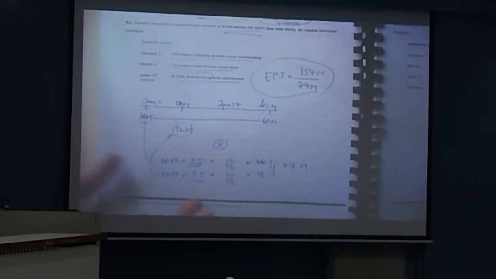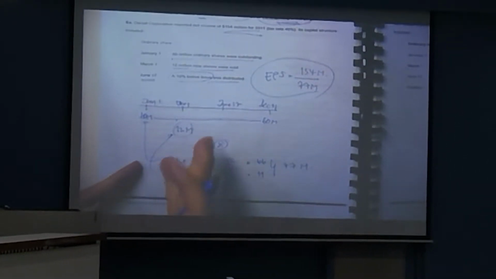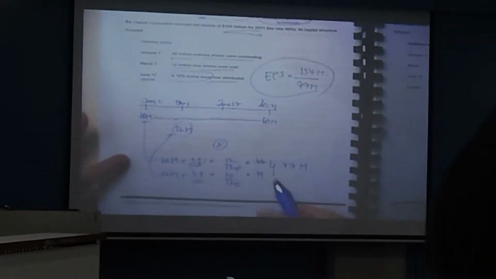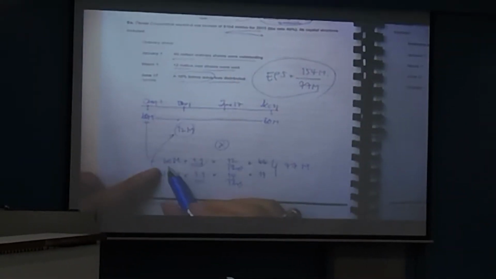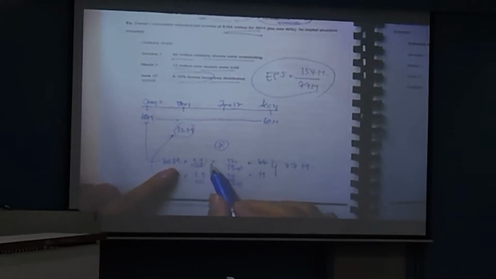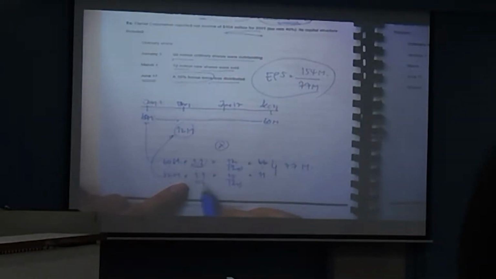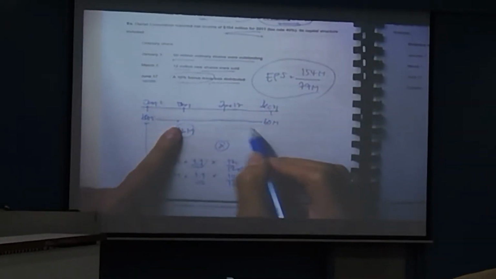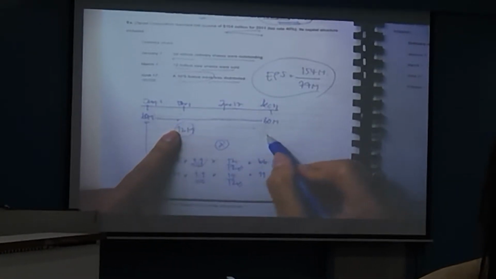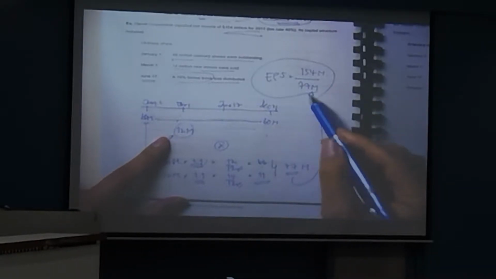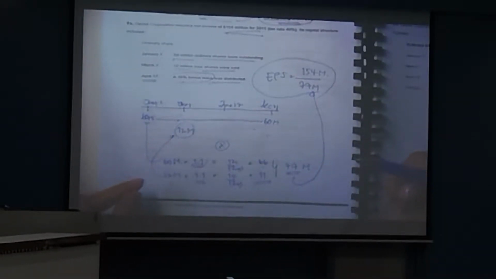We do the weighting the same way. 60 million times 1.1 across 1 year, you get 66. The 12 million, multiplied by 1.1 as well, lasts for about 10 months because it's from March the 1st to December 31st. So the total shares, your denominator, turns out to be 77.